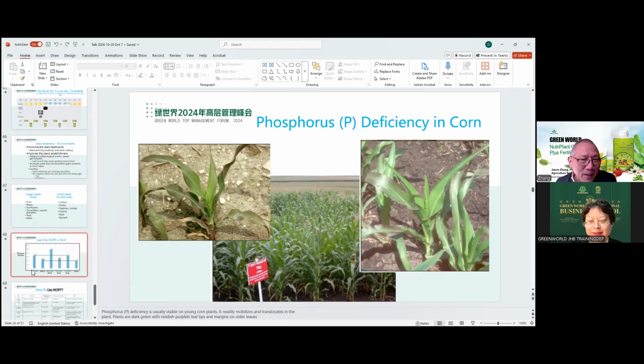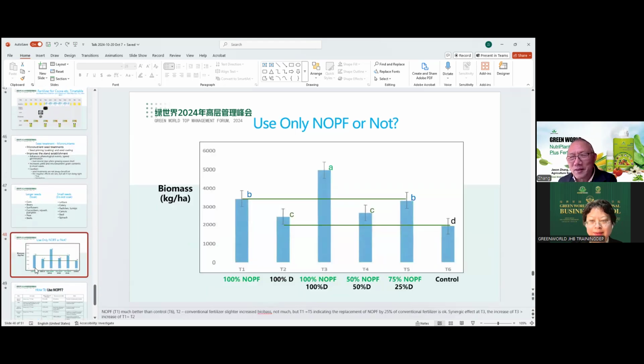Okay, so let me go back to how we use this. We encourage you to combine our fertilizer with your conventional or any other fertilizer.